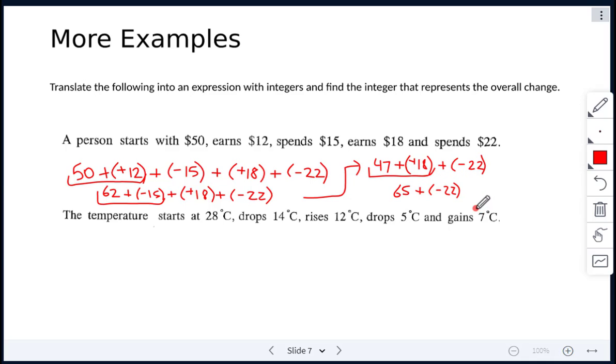So lastly, we just have to subtract the two numbers, 65 and negative 22, which gives me 43. And we take the sign of the numerically larger number. 65 is the numerically larger number, so it is positive. So this person, at the end of all that earning and spending, will still have $43.